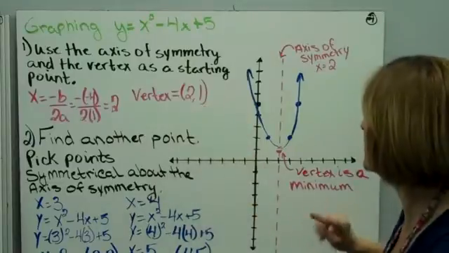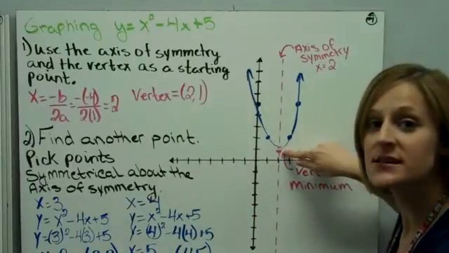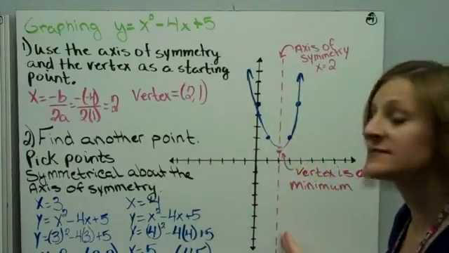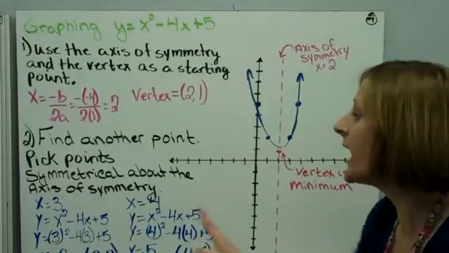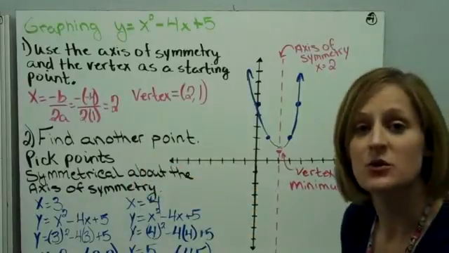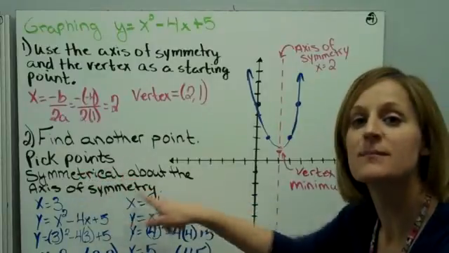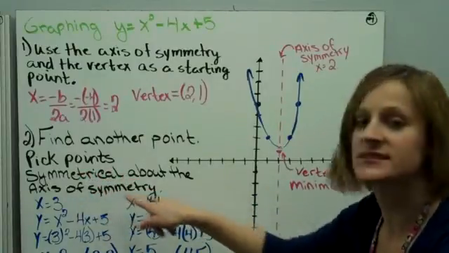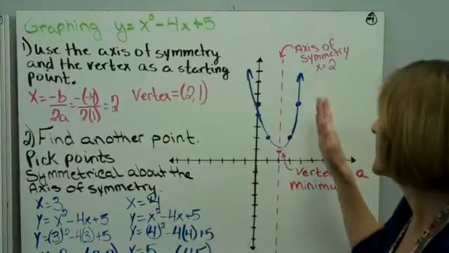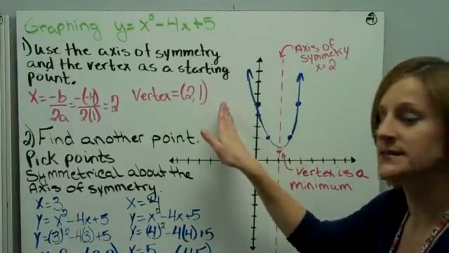So I go over here, I plot my vertex, and I'm going to draw my axis of symmetry. Now, the next thing we need to do is find another point, and we're going to pick points that are symmetrical with the axis of symmetry, meaning it's on this side and on this side.